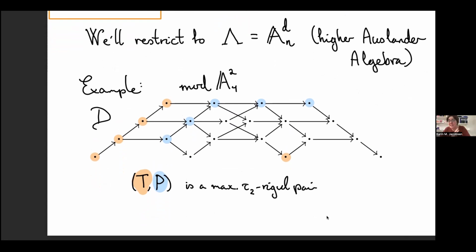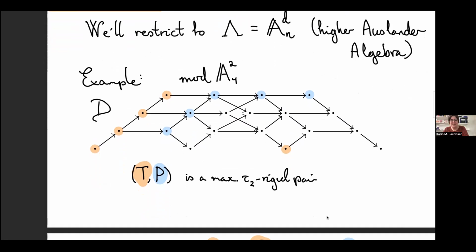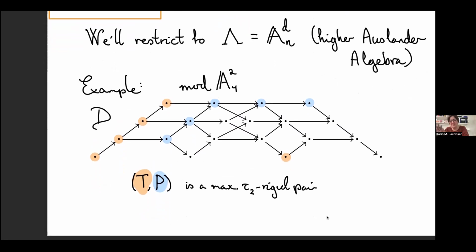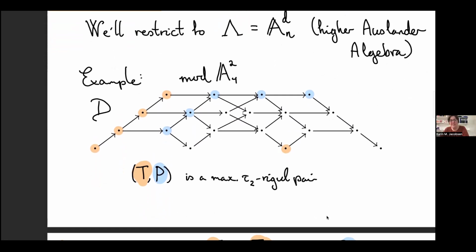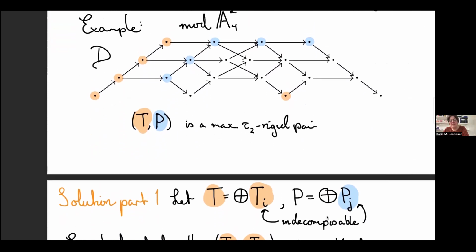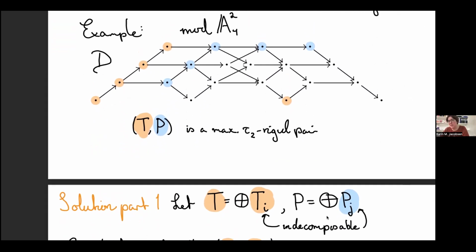So I want to do this with a computer. This shouldn't surprise anyone who's met me. And so to do that, I need some ways of simplifying the problem. The first one is a classic one: look at the indecomposable summands.